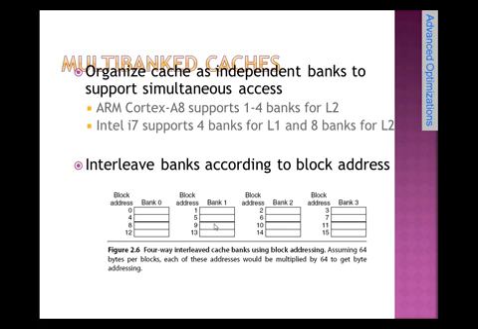So it starts from 0 and goes 0, 1, 2, 3, 4, 5, 6, 7, 8, 9, 10, 11, 12, 13, 14, 15. These are the different banks that divide the cache memory. This is a 4-way interleaved cache banks using block addressing.